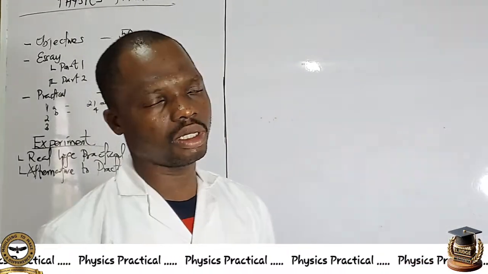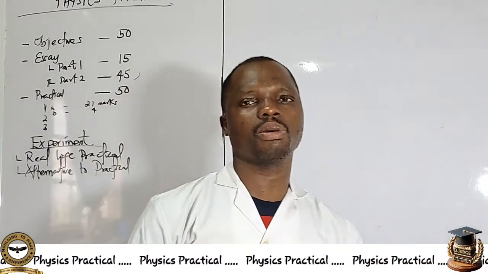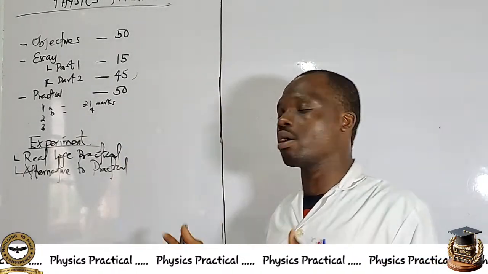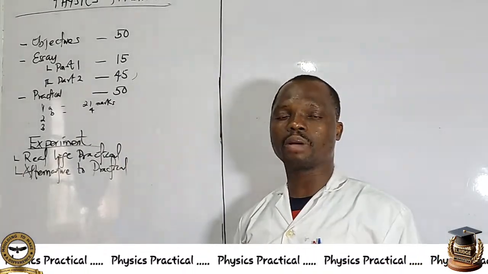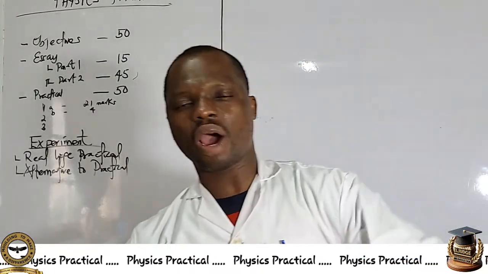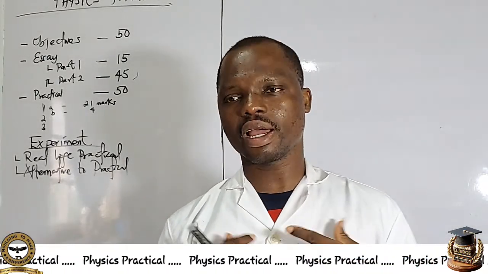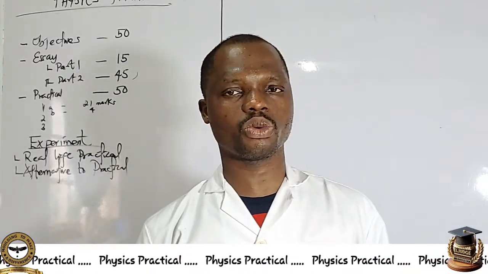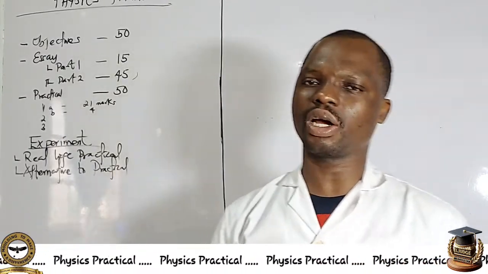If I'm doing an experiment on mechanics now, and I'm going to state the precautions under real life practical, I would say that I avoided error due to parallax while taking readings on the meter rule.